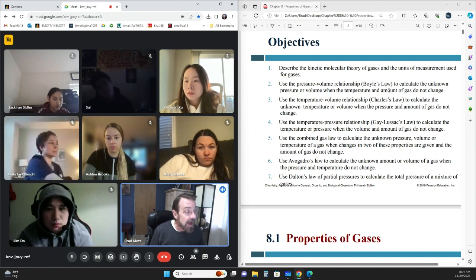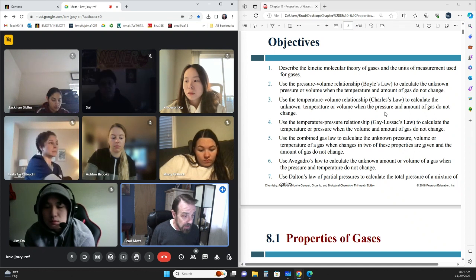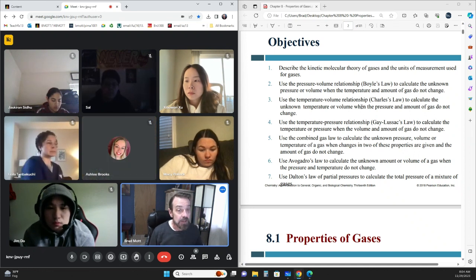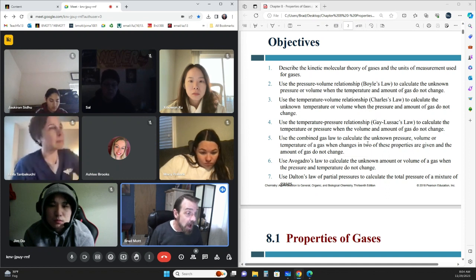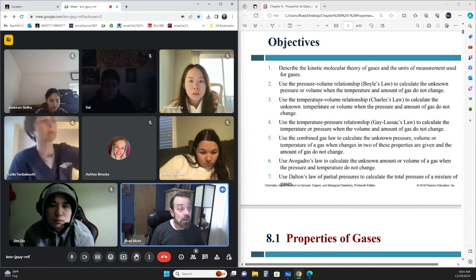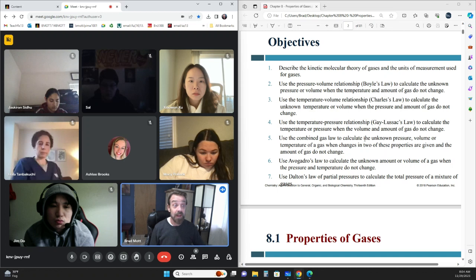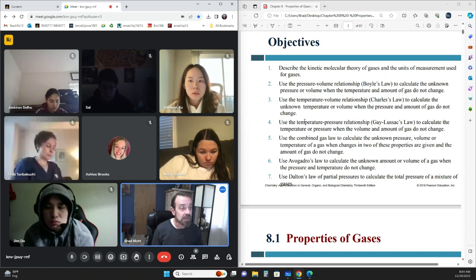And there are going to be four things that we'll be looking at in order. We're going to start with Boyle's law. We'll go to Charles's law, Gay-Lussac's law, and then put all of those together, 2, 3, and 4, into the combined gas law. We're basically adding and dropping different variables as we move through Boyle's, Charles's, and Gay-Lussac's law.